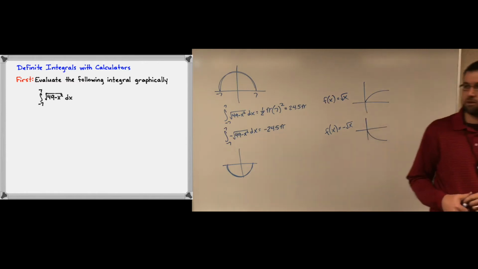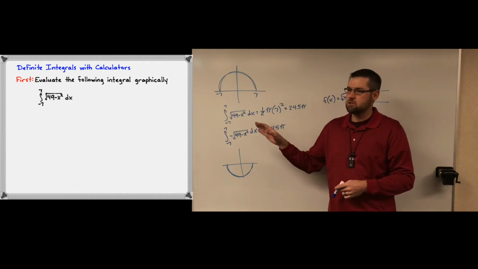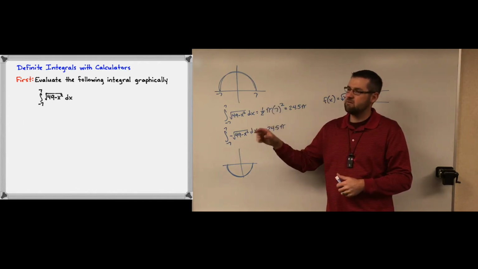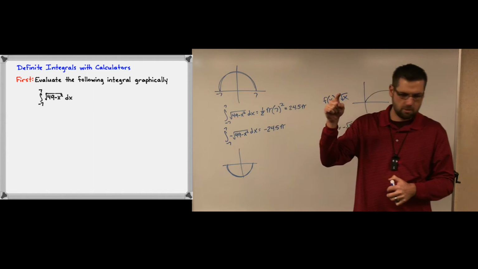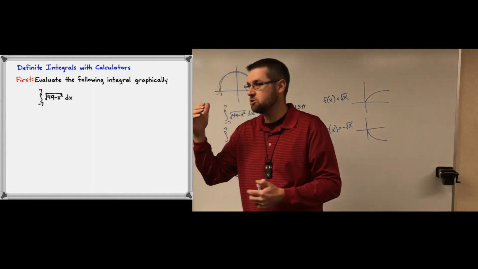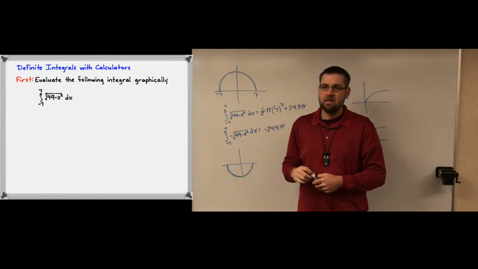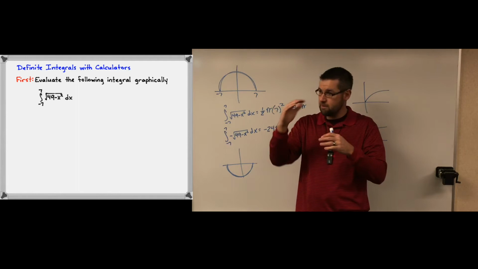Anybody know how to use your calculator to find the integral? Okay. All right. So if you're going to find it the same way you did the derivative, it's F3, and then what is it? Option 2 says what though? Integrate. So F3 integrate. Then a parenthesis opens up, right?